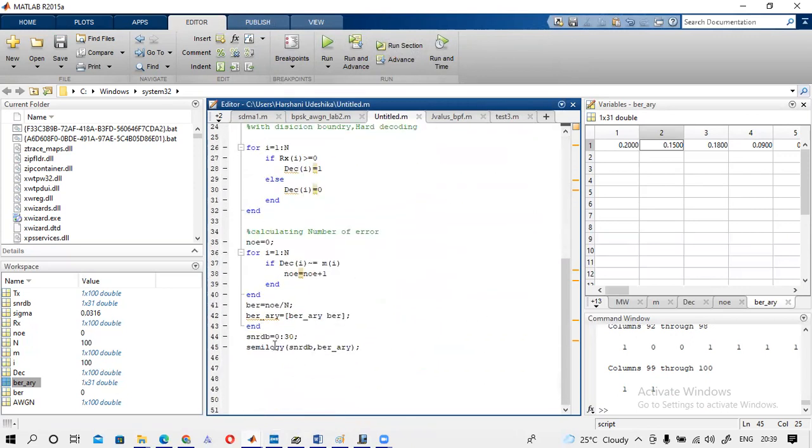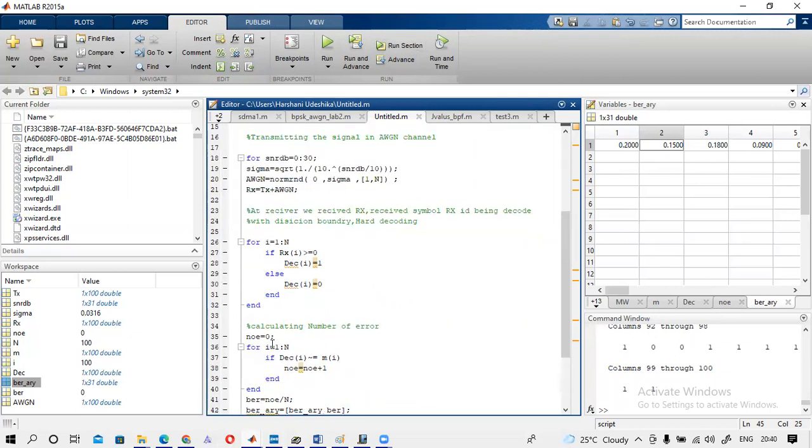And also you can calculate the theoretical value. For that you have to know the BPSK bit error rate probability. You can define it using the Q function or error function. So if you know that, you can directly type it, and it is based on the SNR value.